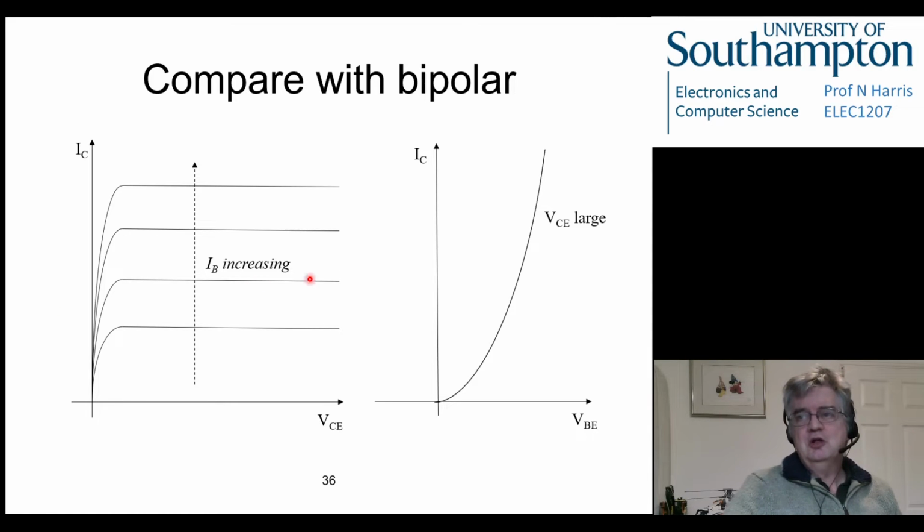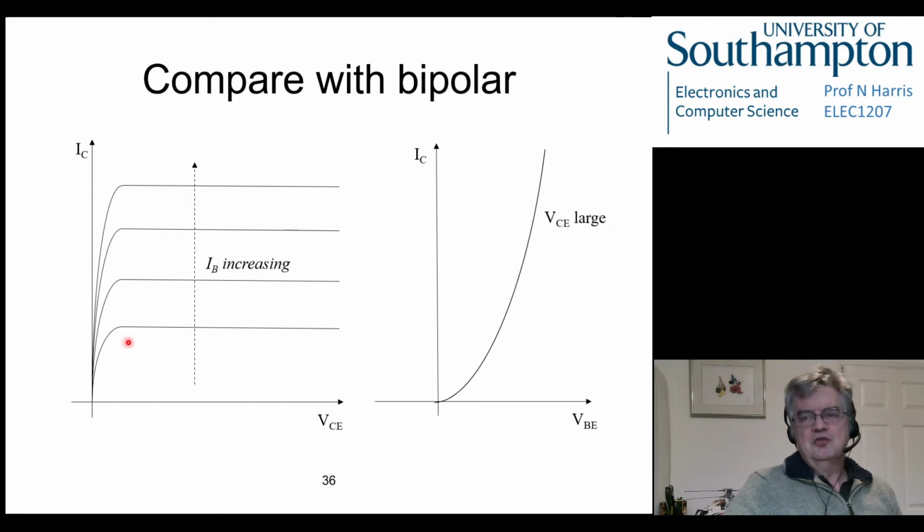So these are the curves for the bipolar transistor. This was our input curve, VBE with respect to IC, so remember there's a factor of beta in here, and you can see that VBE, a small value of input voltage, controls a large value of output current, and we had this exponential rise going on.